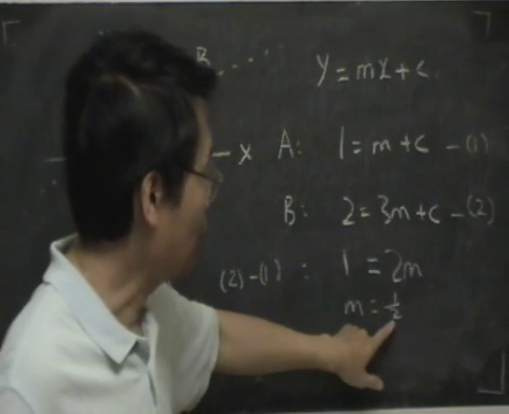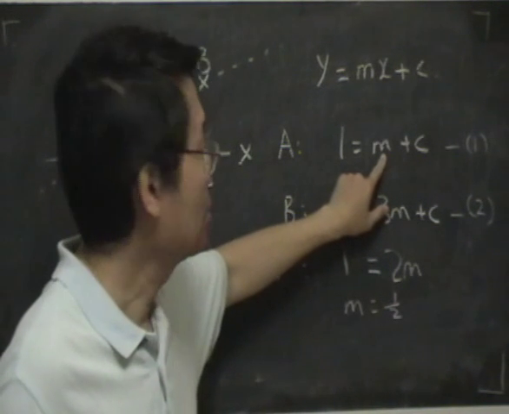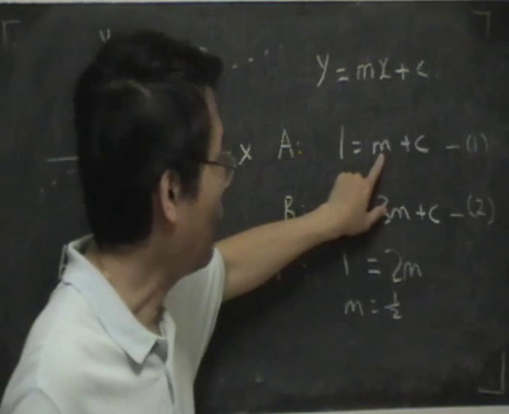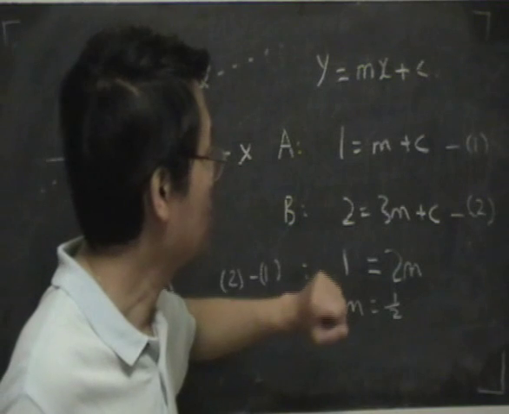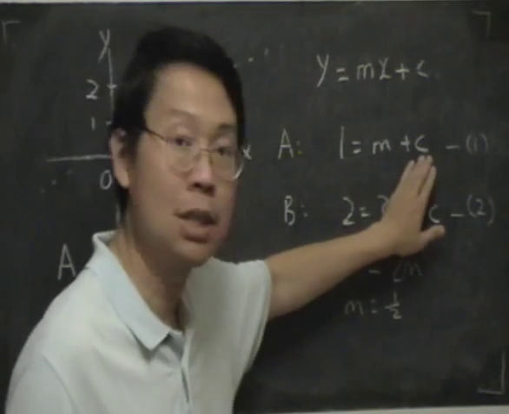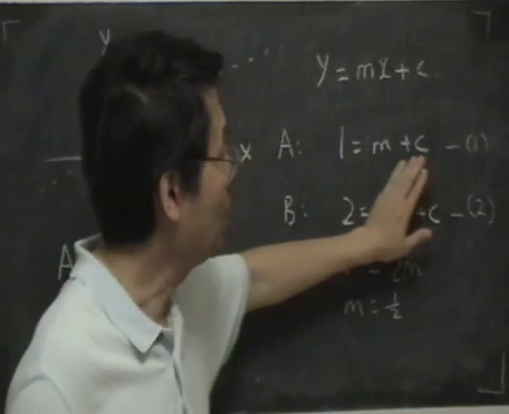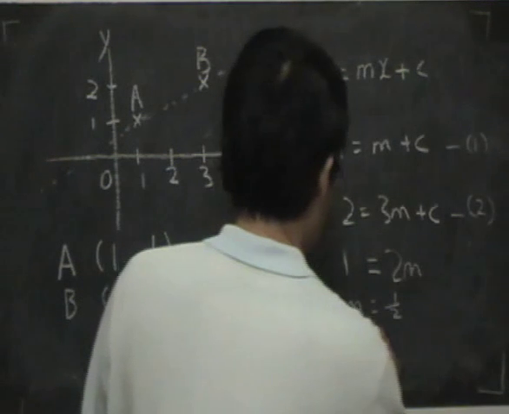So for example, if m is half, imagine putting it into there. Half plus c is 1. What is c? Half plus c is 1, so c must be half, because half plus half is 1. So therefore c is also half.